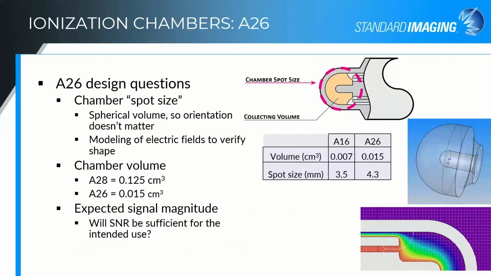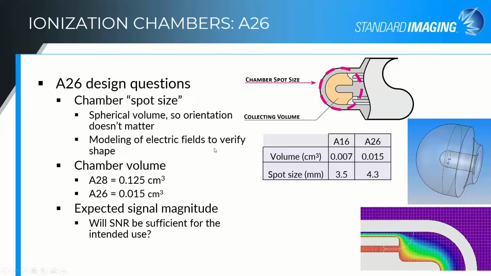So the A26, just a brief highlight on this one, was designed in response to observation of poor behavior from microchambers across the board from all manufacturers, especially when it came to ion recombination and polarity type effects. And so we're happy to say that this one really is a reference class type chamber, behaves very well.